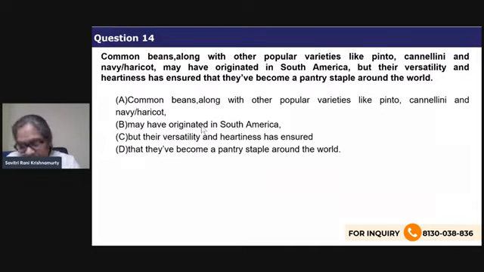Which part of this sentence has an error? Question 14.